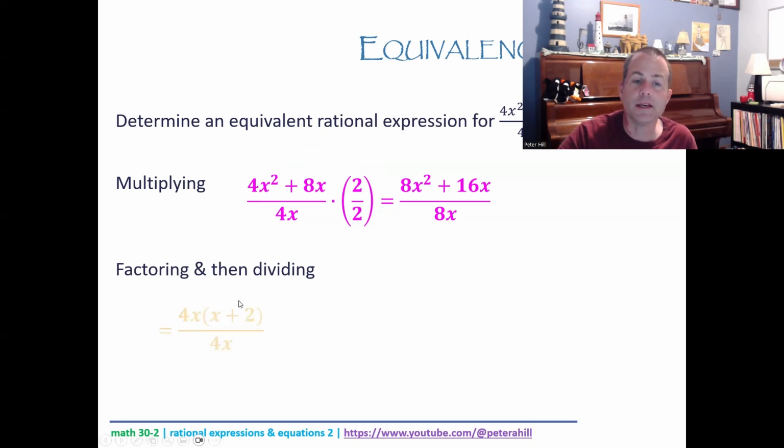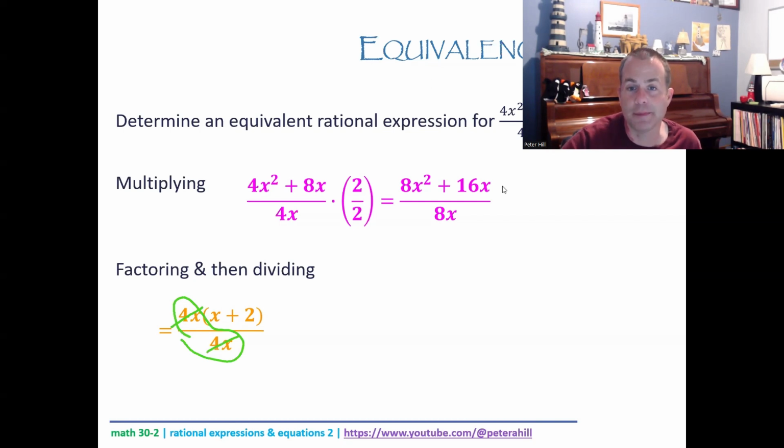Okay. If I was to factor, this is right back to what I was doing in our first video. I'm looking for the greatest common factor of 4x squared plus 8x, and I see that it's 4x. So I pull 4x out to the front, and that leaves me with x plus 2. Now that's a multiplication statement, okay? Remember at the beginning I said you have to be careful with that 4x and 4x. Now this 4x is outside of the addition, so it's all by itself. These now will divide out.